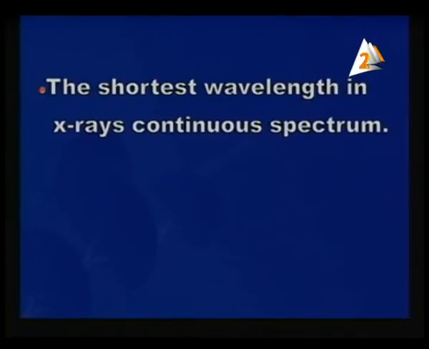The relation that gives the shortest wavelength in X-ray continuous spectrum. eV equals h nu maximum. What is eV? eV is the energy gained by the bombarding electron, gained from the accelerating voltage.